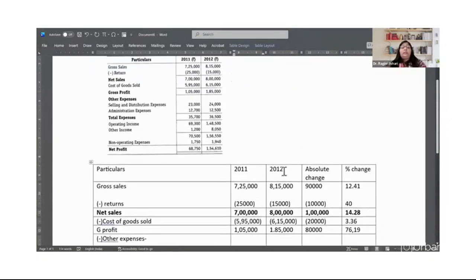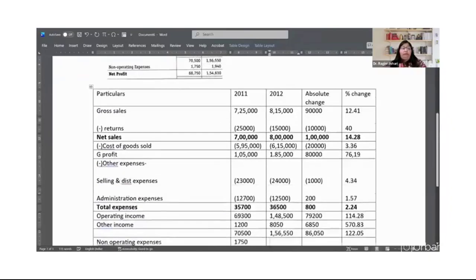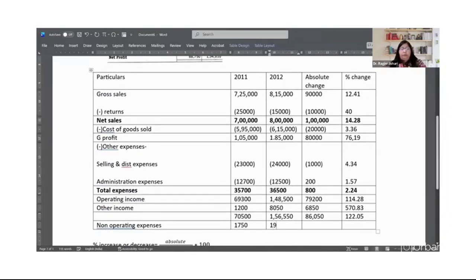Now, let's fill this: 1750 and 1940. Again, the same process. Absolute change is 190 and percentage change is how much? This is 10.85.